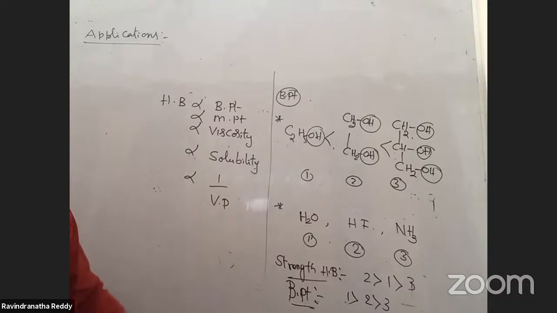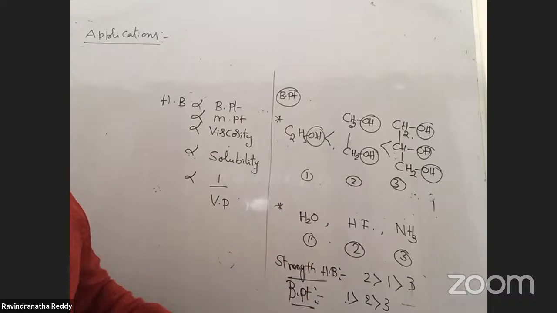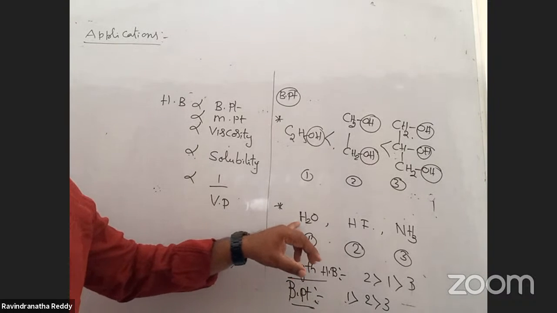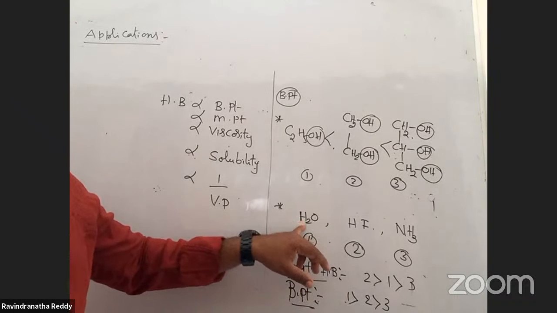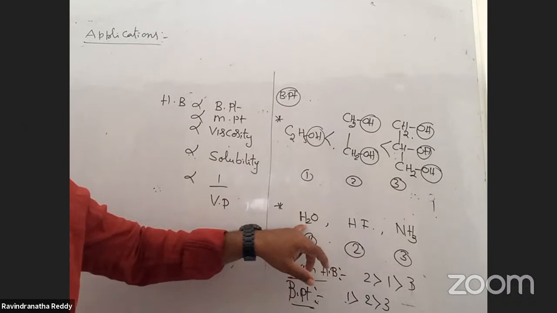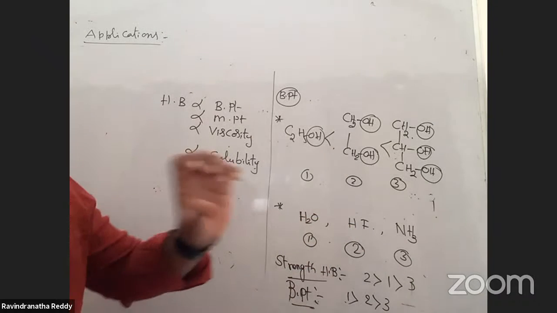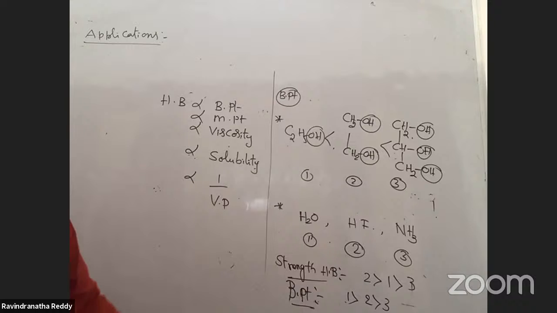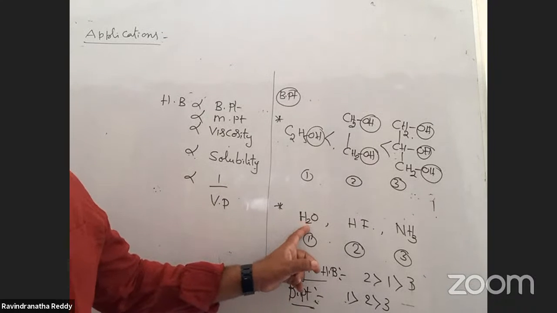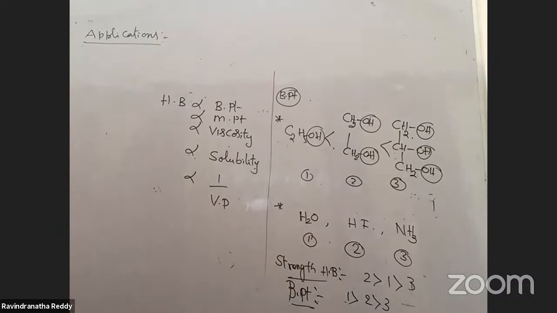Suppose the number of hydrogen bonds is 4 for water and 2 for HF; water has double the number of hydrogen bonds compared to HF, and bond dissociation energy is also more. So the highest boiling point is H2O, next HF, next ammonia.